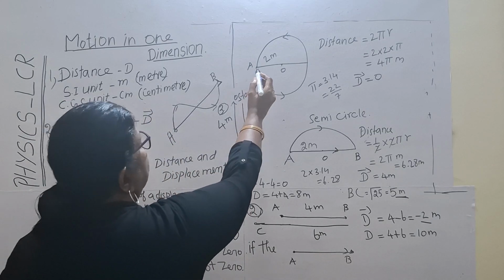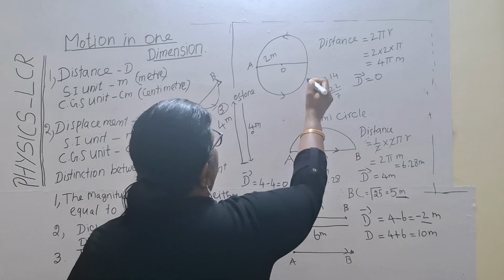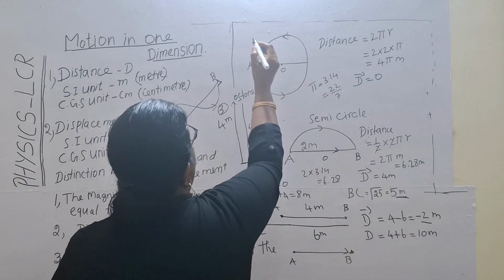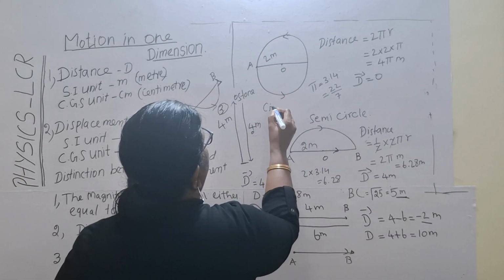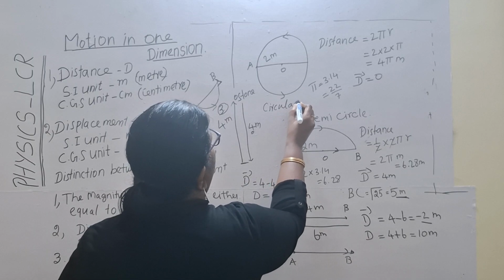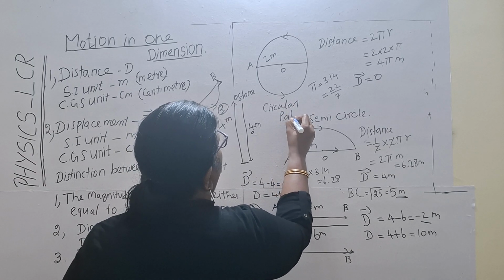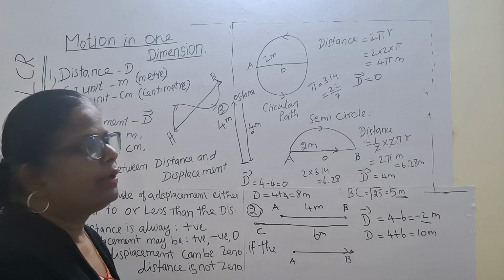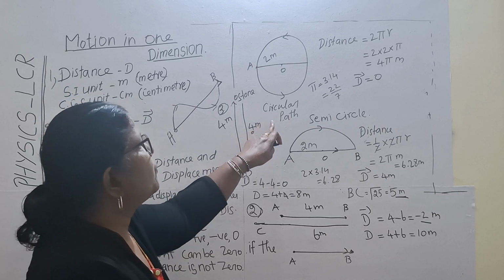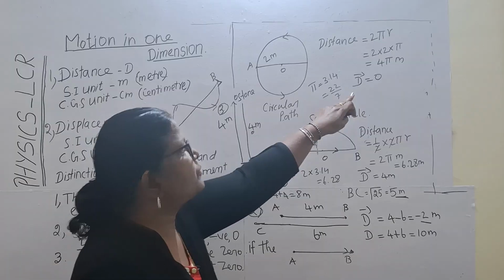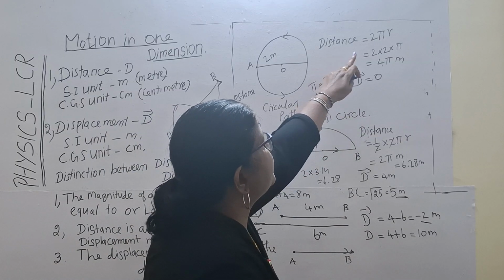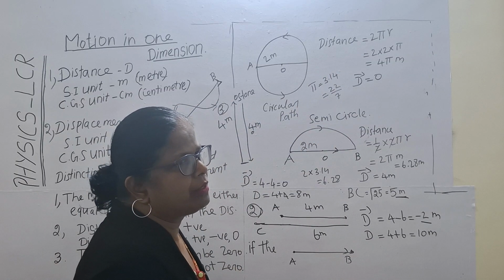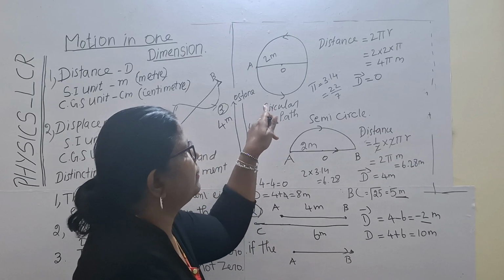So here the body moves in a circular path. Circular path, you can write. So here displacement will be 0, but distance is 2 pi r, the circumference of the circle.